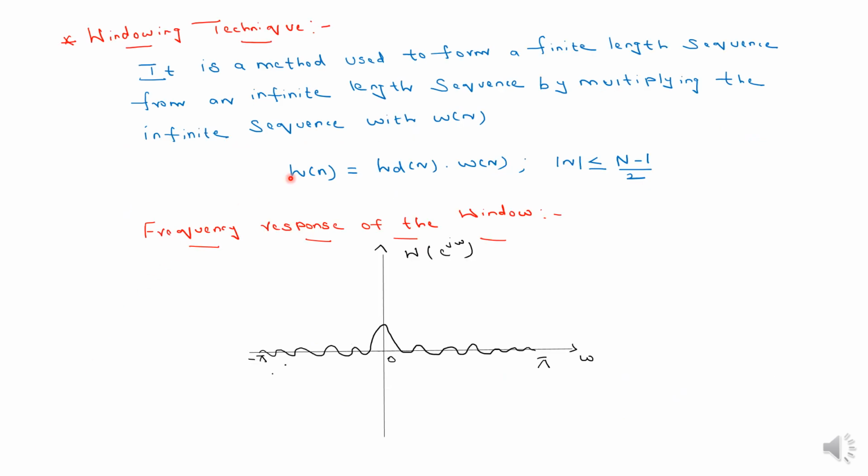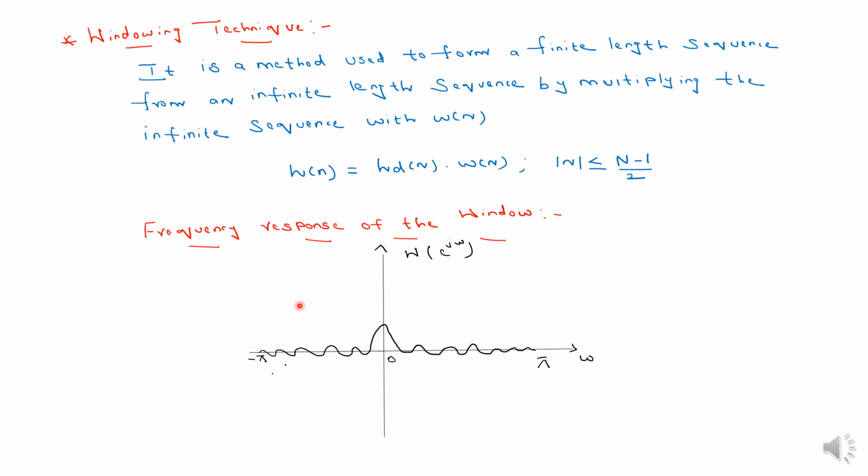So to sum up, the windowing technique is used to form a finite duration sequence from an infinite duration sequence. How does this happen? h of n is the finite impulse response. This finite impulse response is obtained by multiplying the infinite impulse response, h suffix d of n, with the window sequence w of n.